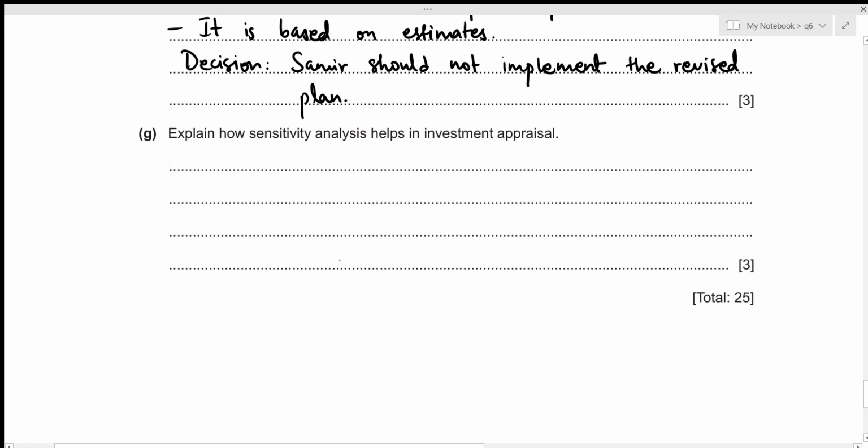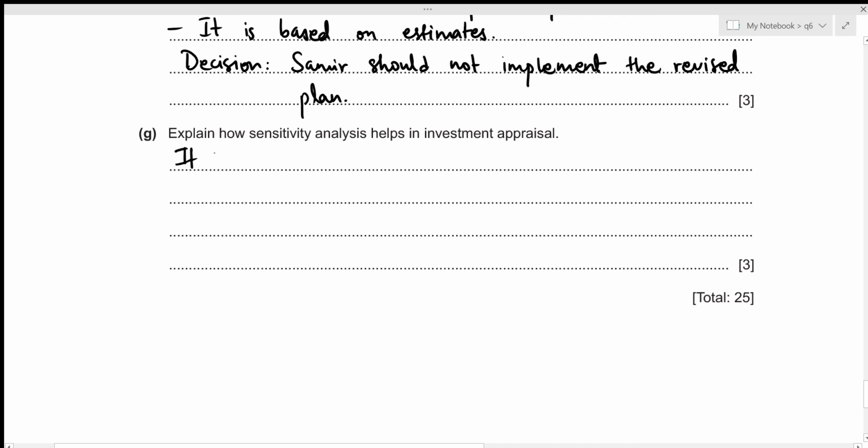We need to explain how sensitivity analysis helps in investment appraisal. So sensitivity analysis definitely deals with forecast figures to measure the effect on an outcome of a change in variable cost or income, right? Let's write it down.